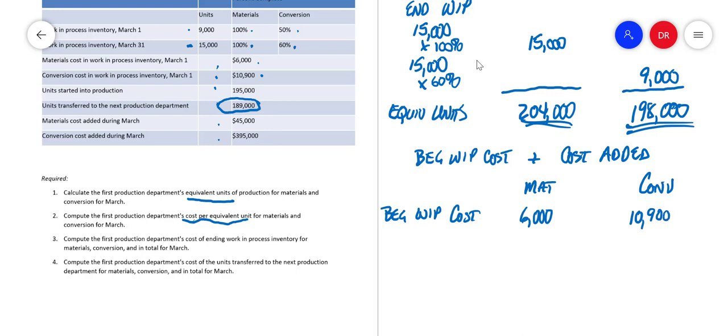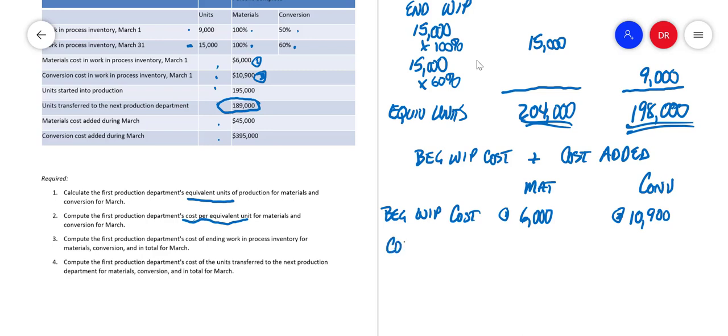All right, so we're taking this one from right here, this one from right here. So that's beginning work in process cost for conversion and for materials. Then we want to look at how many we added, how much cost we added for materials and conversion.